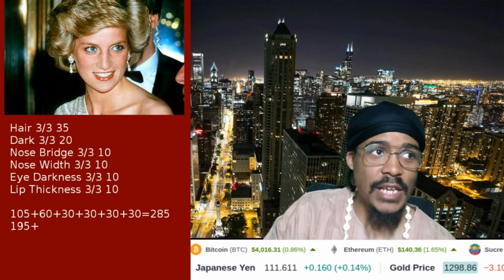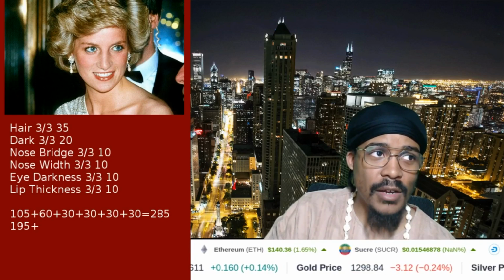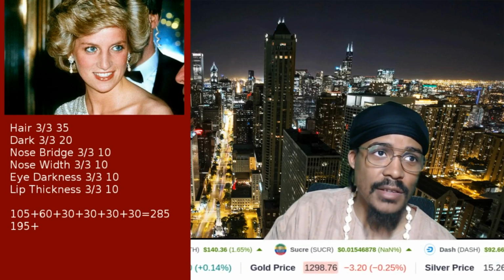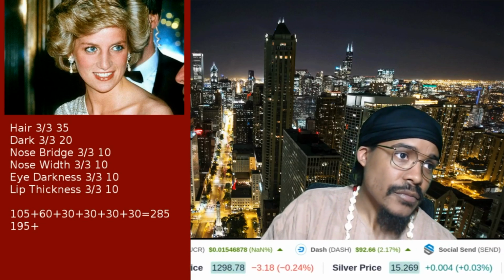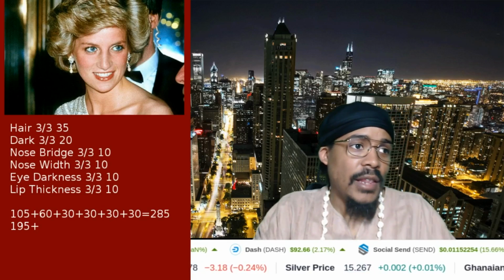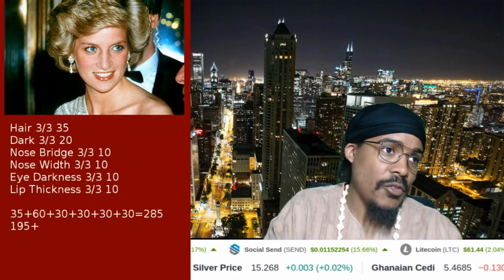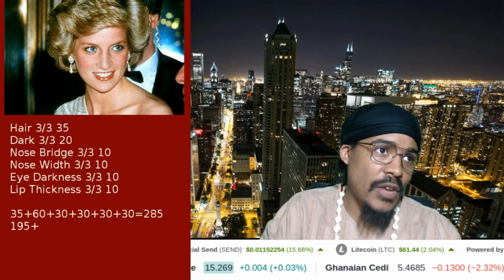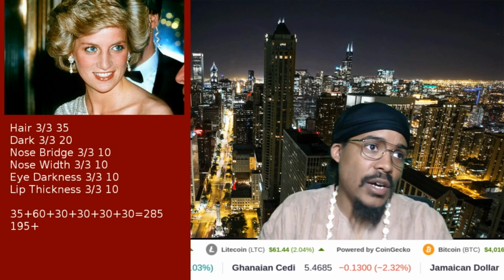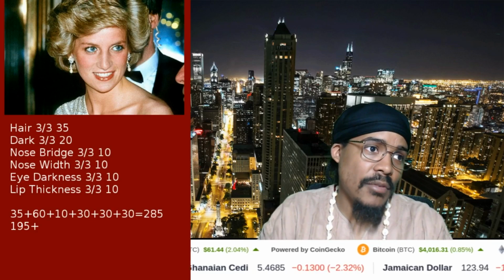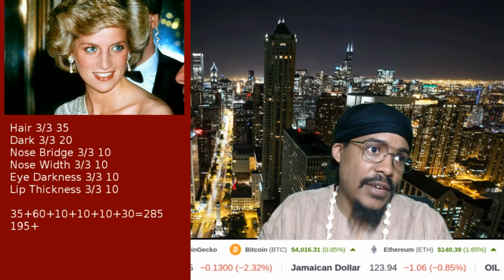Because imagine if you have everything at 1, and you just have the 60 points for dark skin, you'll have a 60, right? Or let's try it. So let's say you have level 1 hair, which is going to give you 35 points. And if you have level 3 skin, that will give you 60. Level 1 nose bridge will give you 10 points. Level 1 nose width will give you 10 points. Level 1 eye darkness will give you 10 points.